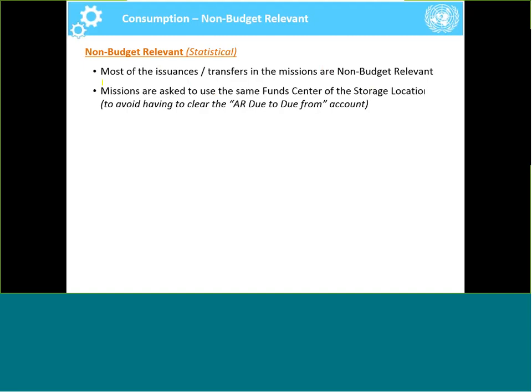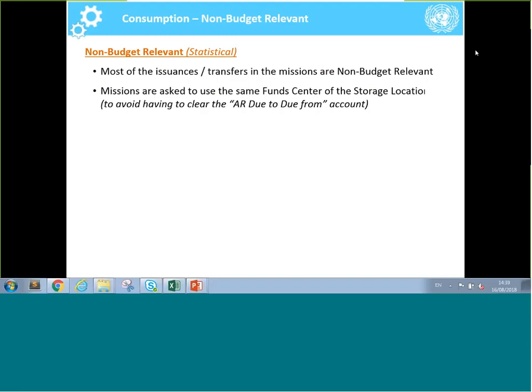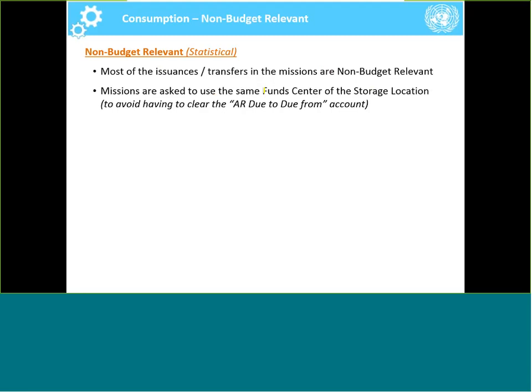And here it's very important that, especially when you are issuing out materials out of stock using the cost center, you select the coding block, and select the fund and fund center of the storage location that is holding the inventory.